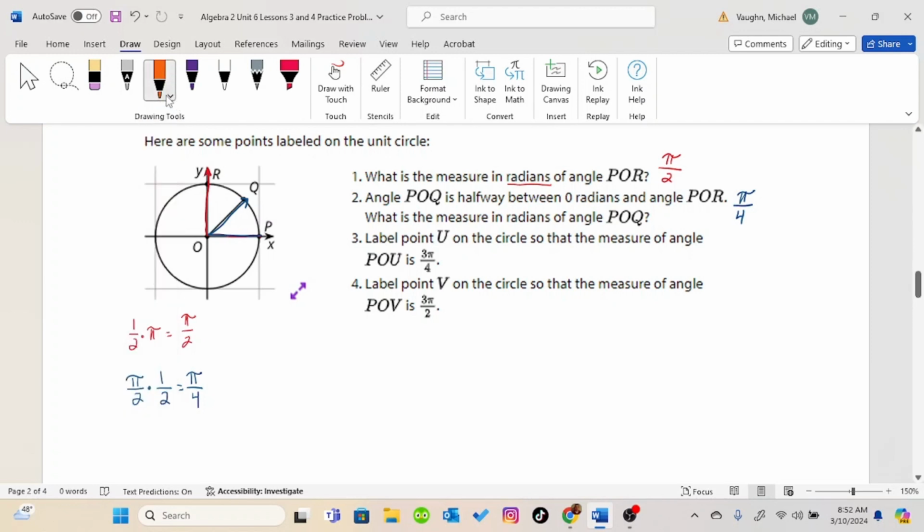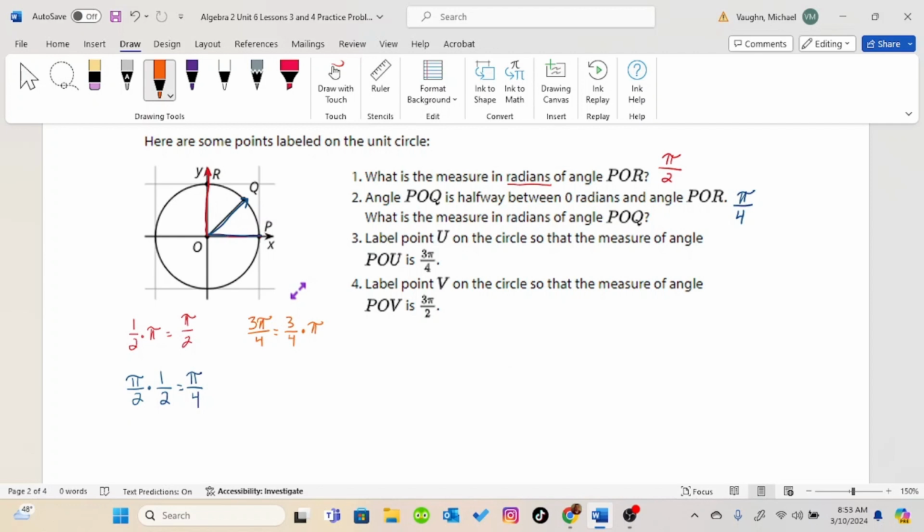Number 3, label point U on the circle so that the measure of angle POU is 3/4 pi, or 3 pi over 4. So if I have 3 pi over 4, you can think of this as 3/4 times pi.